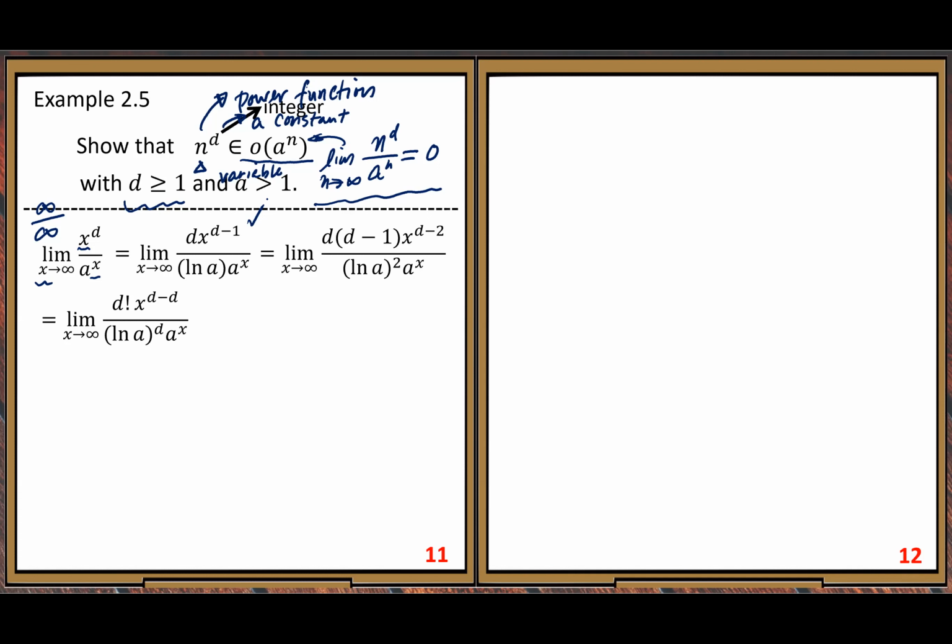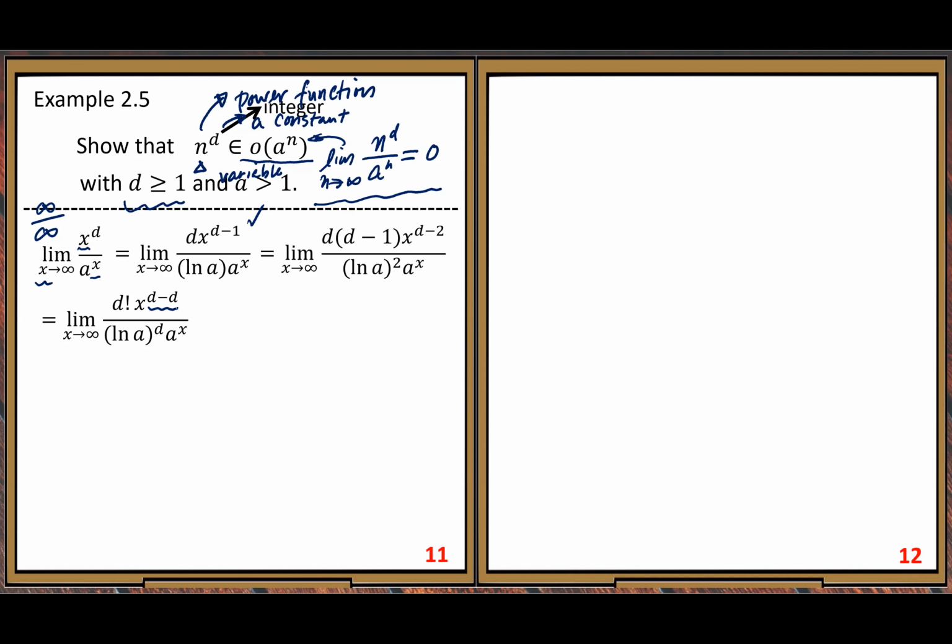Like this one, after you do d times, we assume d is an integer, then x to the 0 is 1. Then the numerator is not an indeterminate form. The numerator is d factorial. It's a fixed number. When x changes, the numerator does not change.